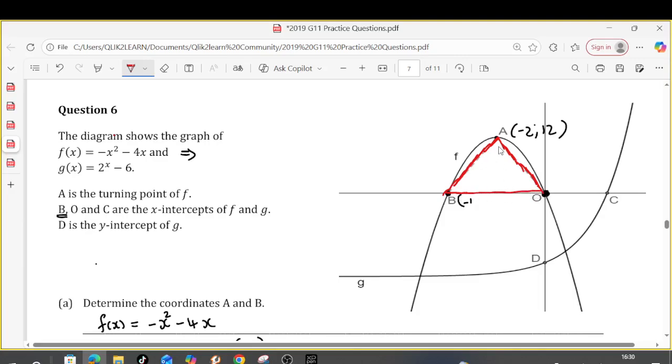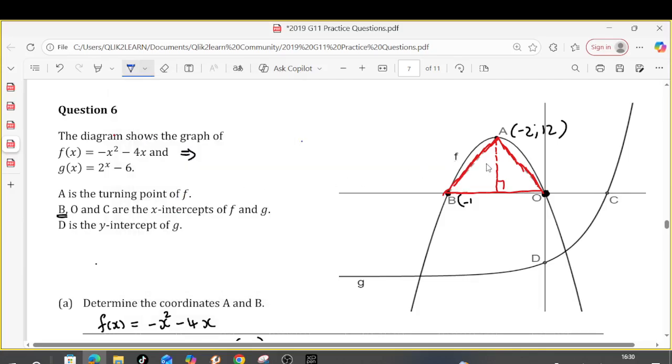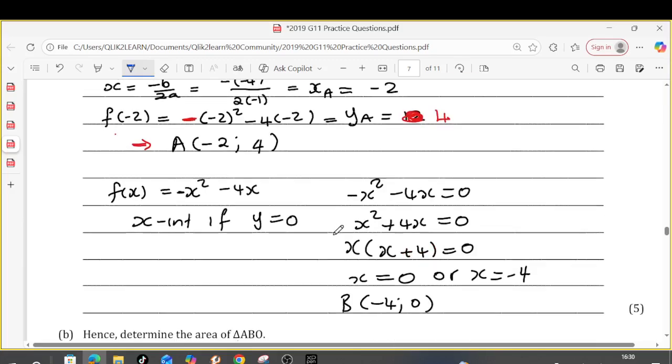So remember, if this is a triangle, I can just draw a height that is perpendicular. If I do a perpendicular height, what do I have? I have this as my height and this as my base. So what is the formula for area?